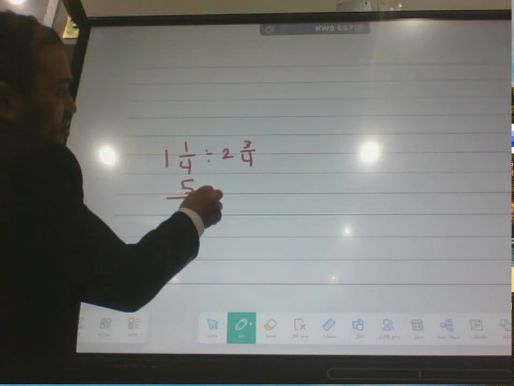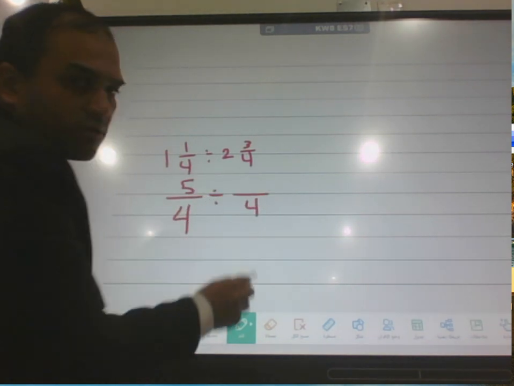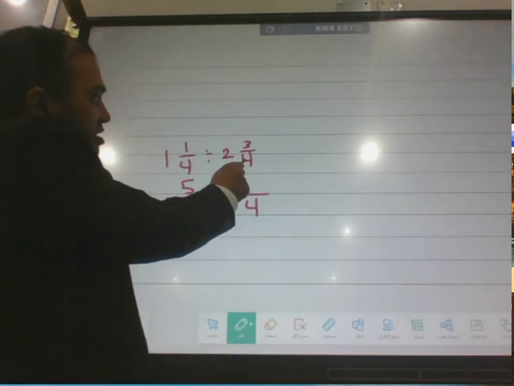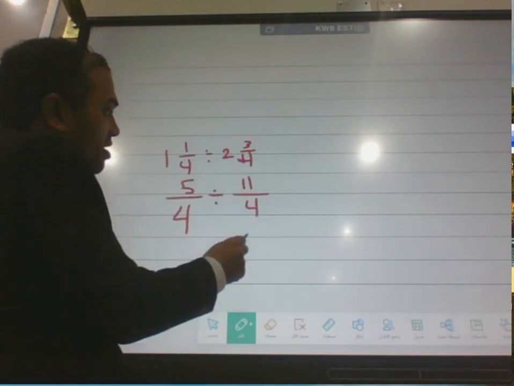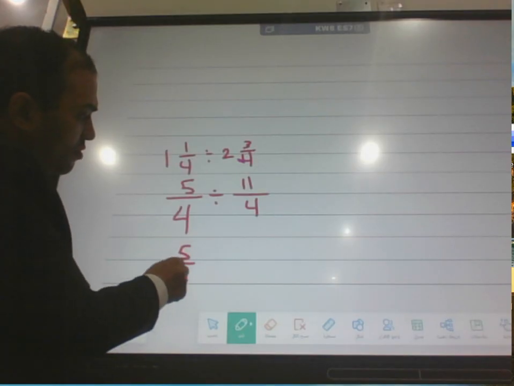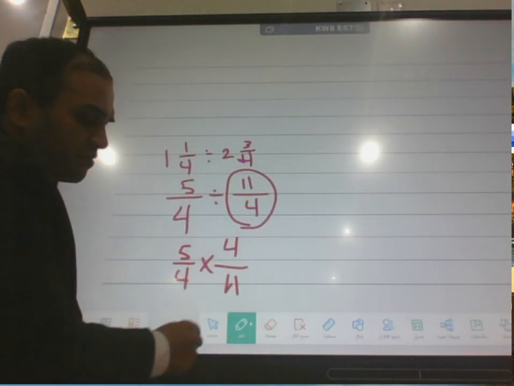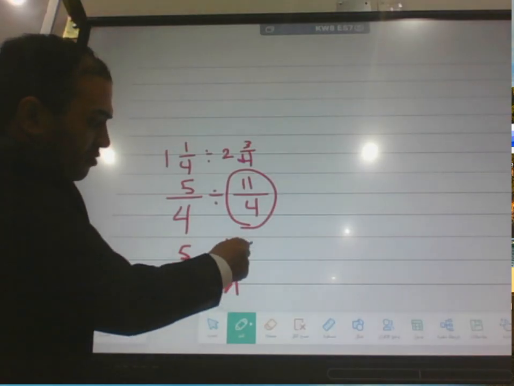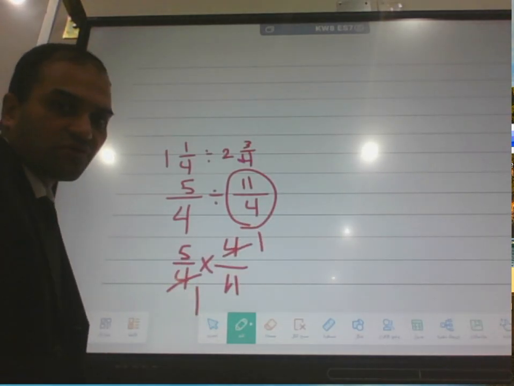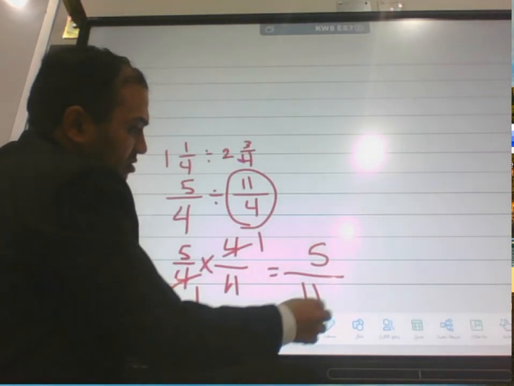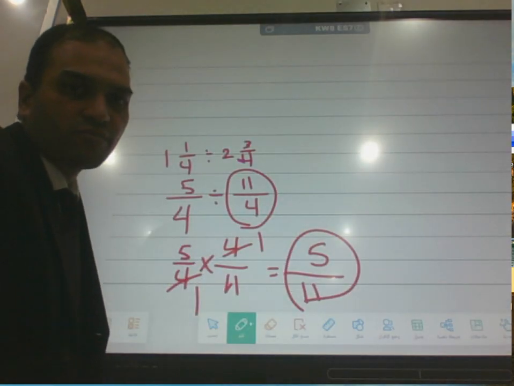And then for the division, also 4 in the denominator, and 2 times 4 equals 8, 8 plus 3 equals 11. Next step, you can write 5 over 4 multiplied by the reciprocal, which is 4 over 11. You can simplify now: 4 divided by 4 equals 1, 4 divided by 4 equals 1. And the next step, 1 times 5 equals 5, and 1 times 11 equals 11. The result in the simplest form will be 5 over 11.